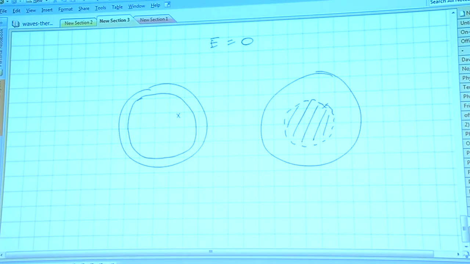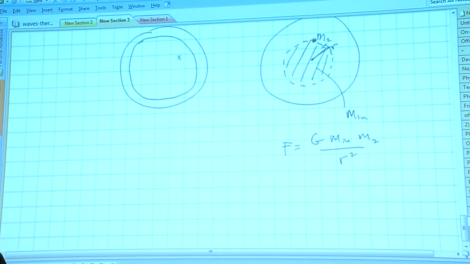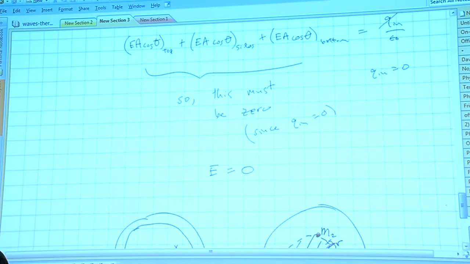So you end up with the force is G, M, M inside over R squared, where this is R. Maybe I'll call that M2 just to make it a little different. Only the mass inside of your radius contributes. Everything else cancels out. It's the same with electric charge. And Gauss's law is a quick and dirty way to show that.